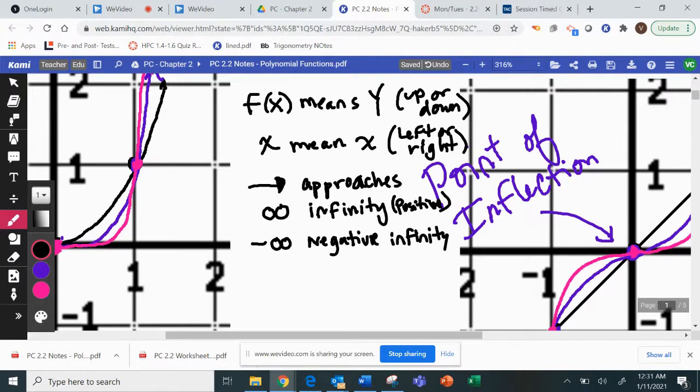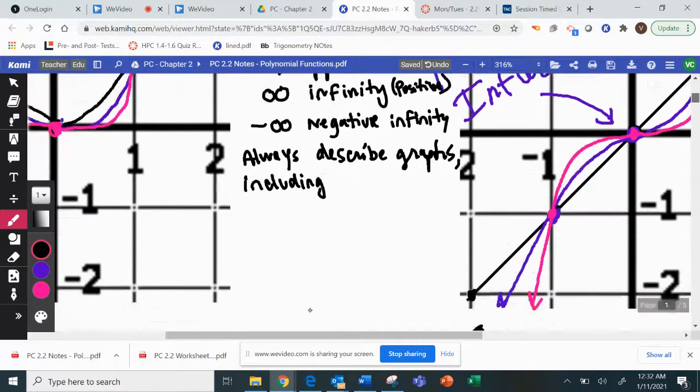So those are some symbols that we're about to use. And then we always describe graphs, including end behavior, from left to right.